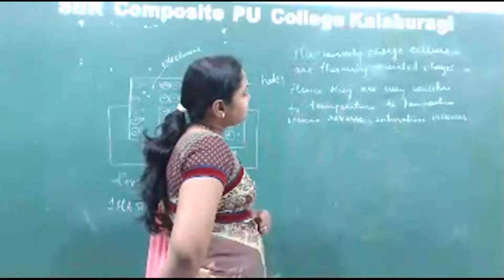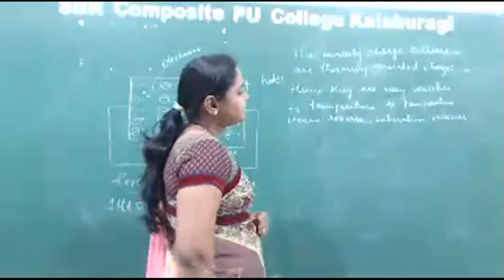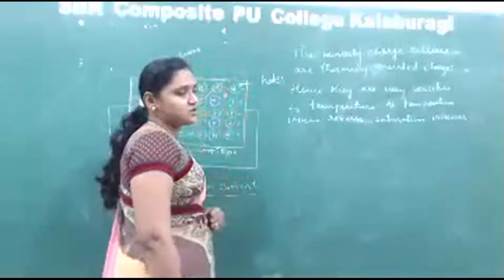Okay. Hence they are very sensitive to temperature, and as temperature increases, reverse saturation current increases. The minority charge carriers are thermally generated charges, hence they are very sensitive to temperature. As temperature increases, reverse saturation current increases.